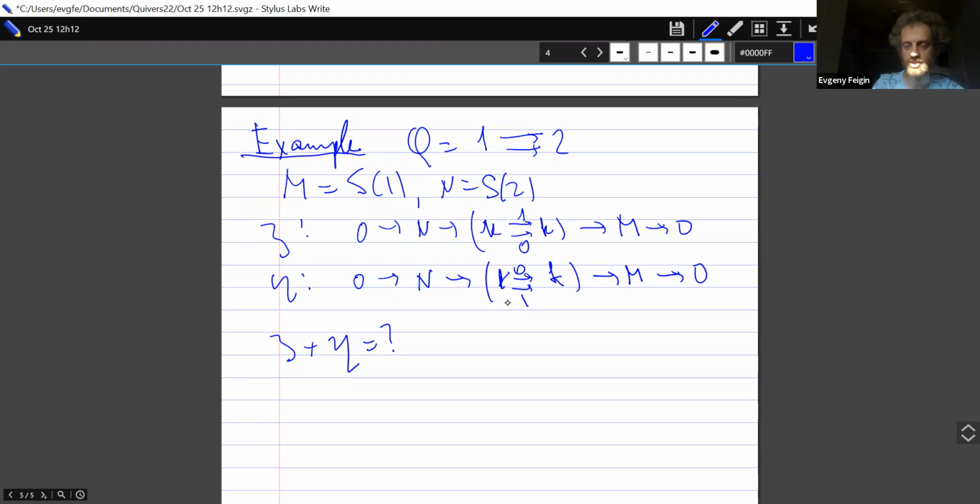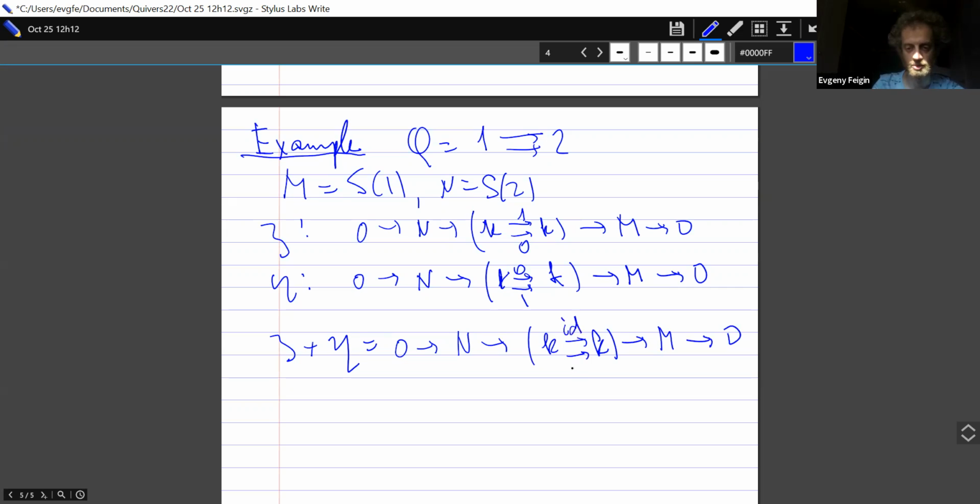The natural guess is that this should be 0 to N to K^2 to M 0, and here the two identity maps.